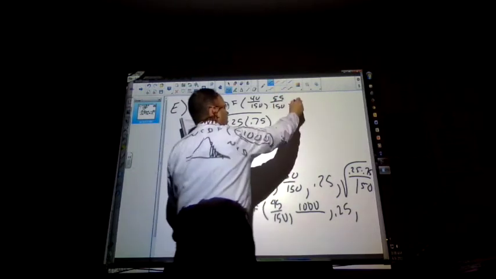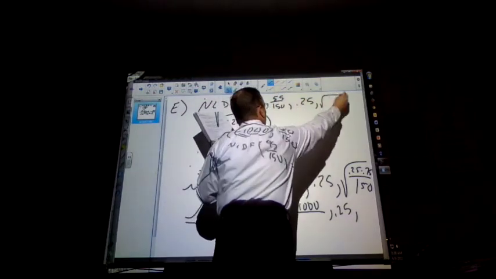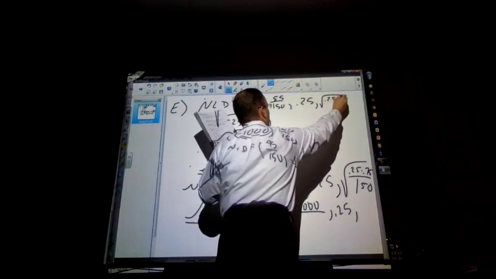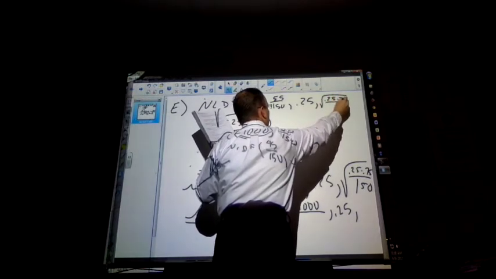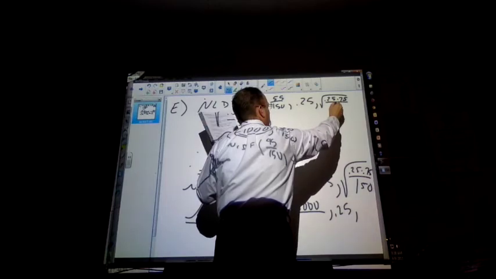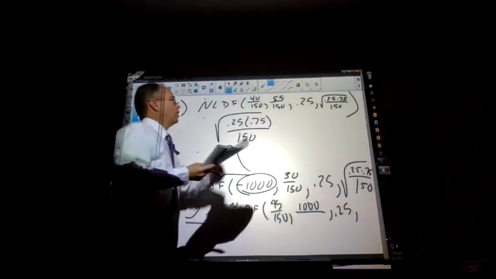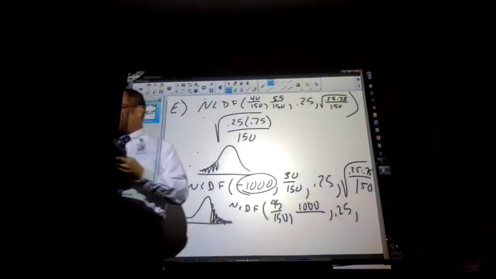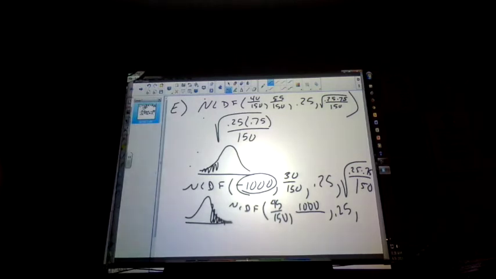And then my 0.25 and my square root of 0.25 times 0.75 over 150 would give you that. So this is just a small cross-section of the area underneath the curve. Making okay sense? C and D as E's answer?